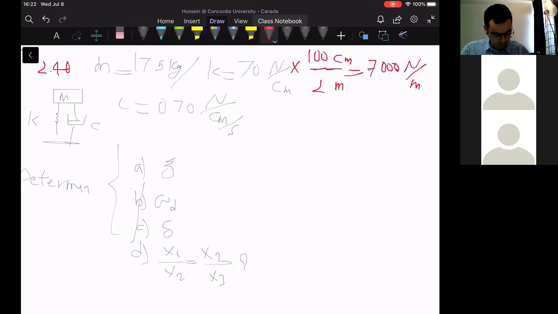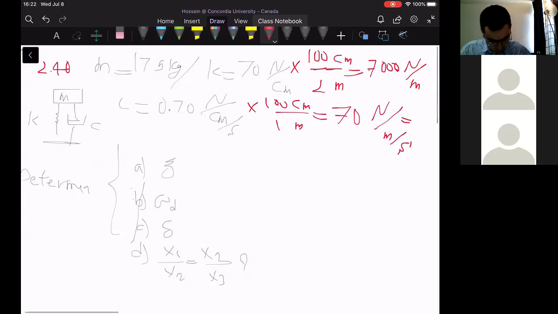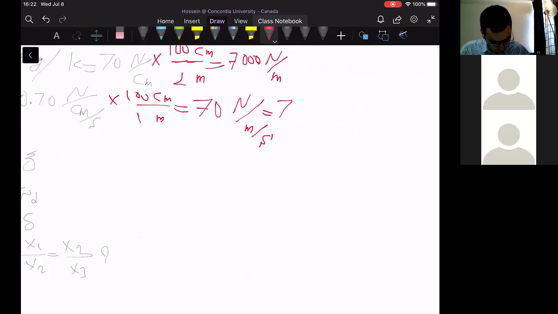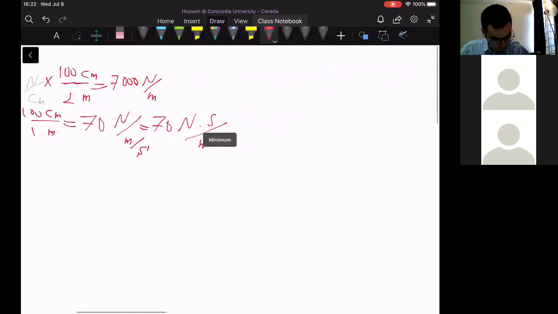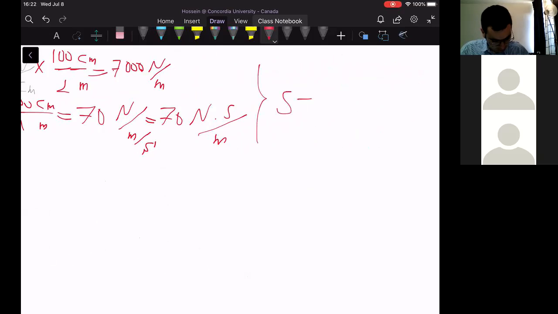And also you have to correct the damping, multiplied by centimeter, each meter is 100 centimeters, so it is equal to 70 Newton per meter per second, or simply 70 Newton second per meter.